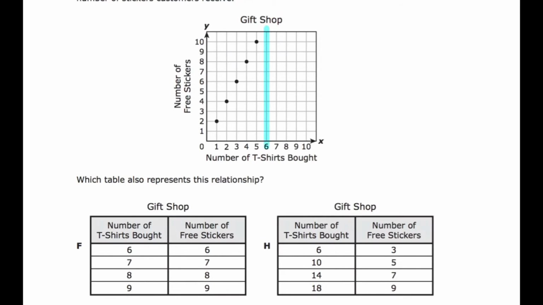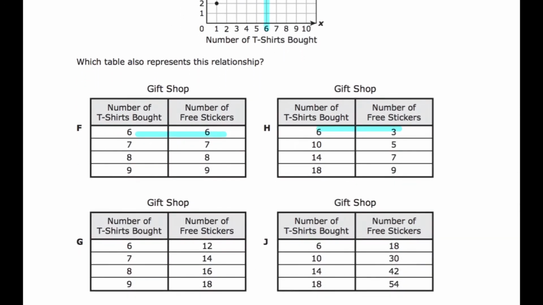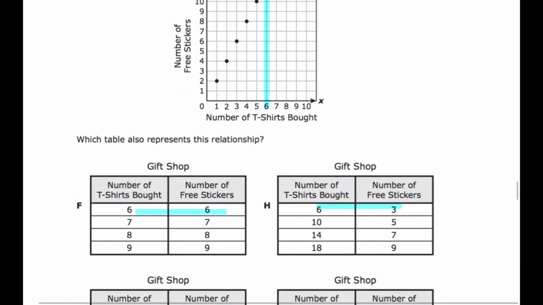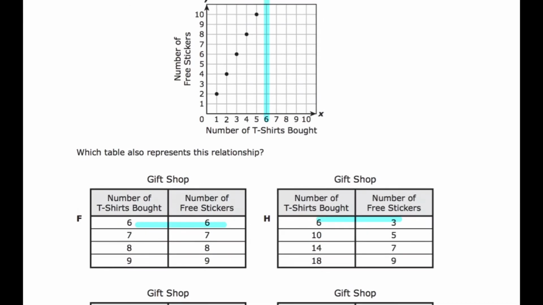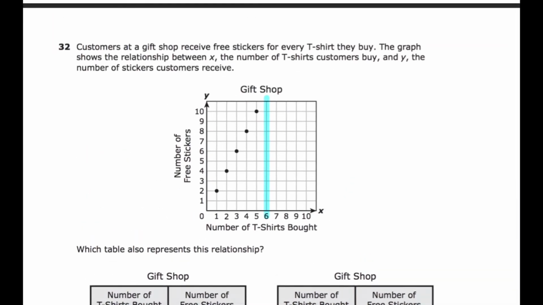So it's not 6, 3, I could eliminate that one. It's not 6, 6, I could eliminate that one. But 6, 12, 6, 18, I'm not really sure. So I could probably eliminate F and H, but I'm just really not sure what's going on just yet.